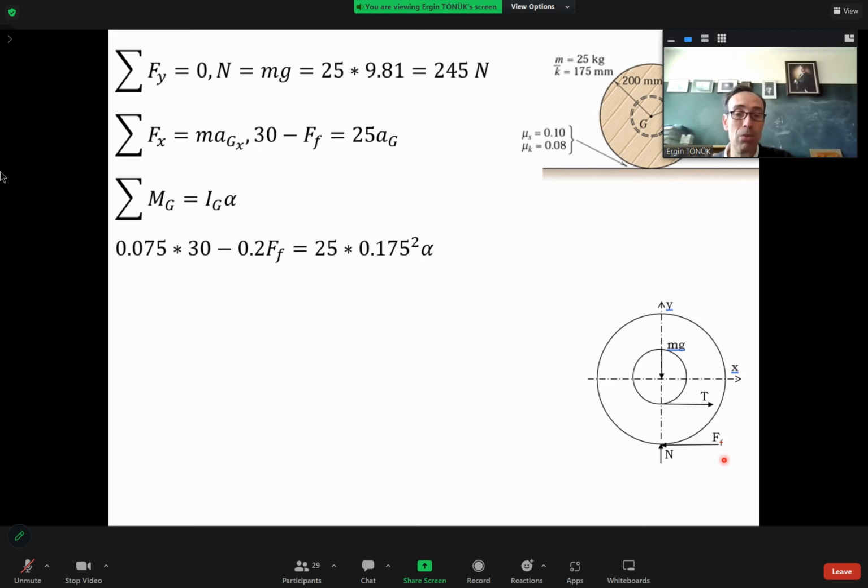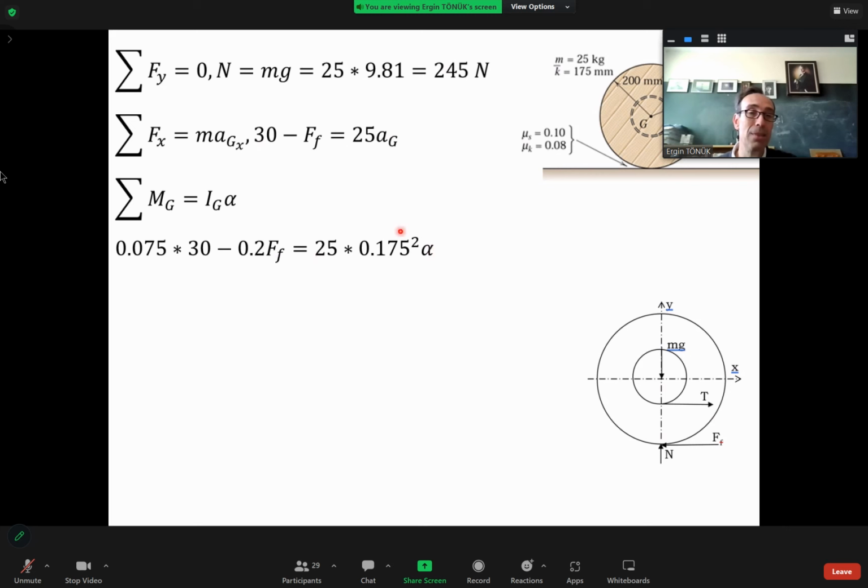And moment of the friction force, the distance is 200 millimeters times the unknown friction force, is equal to 25 times, this is the radius of gyration about mass moment of inertia, so I take its square. So the product is IG times alpha.